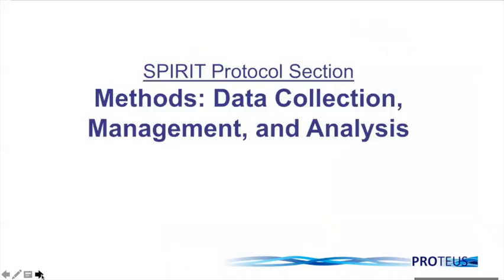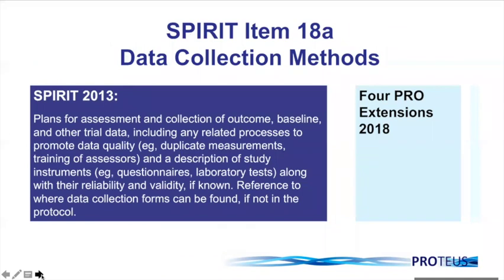So now let's turn to further methods, particularly focusing now on data collection, management, and analysis. So here we're going to now look at SPIRIT item 18A, focused on data collection methods.